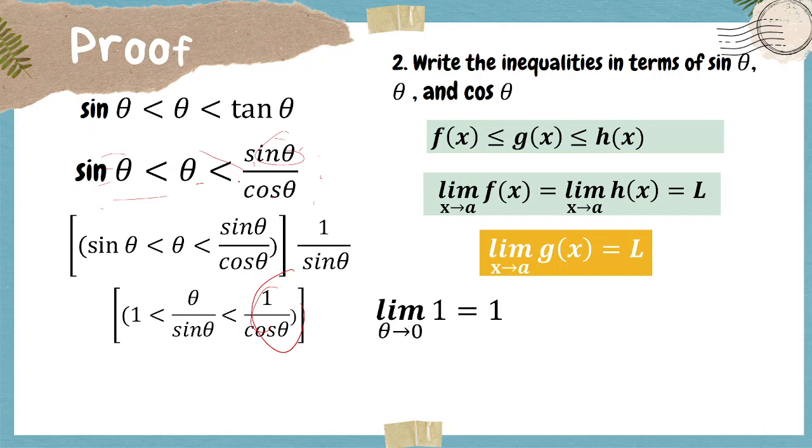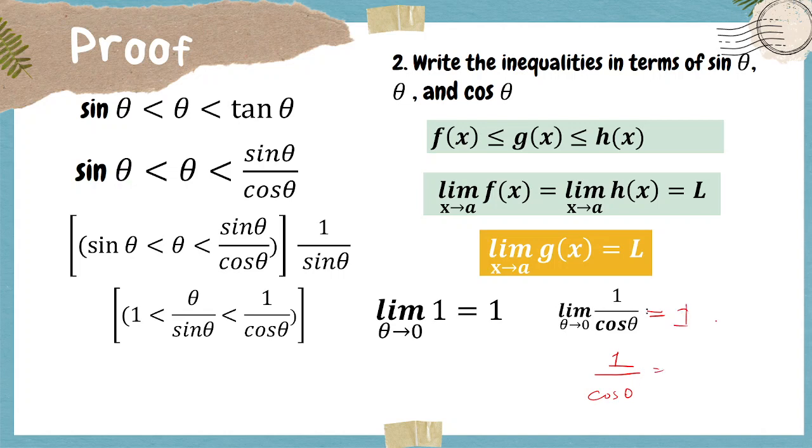Now, if we get the limit of 1 over cosine theta as theta approaches 0, what would be the answer? Try direct substitution. The cosine of 0 is how much? 1.